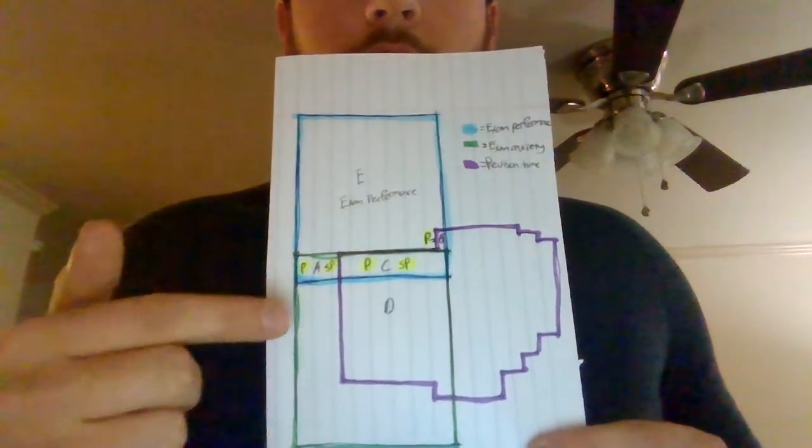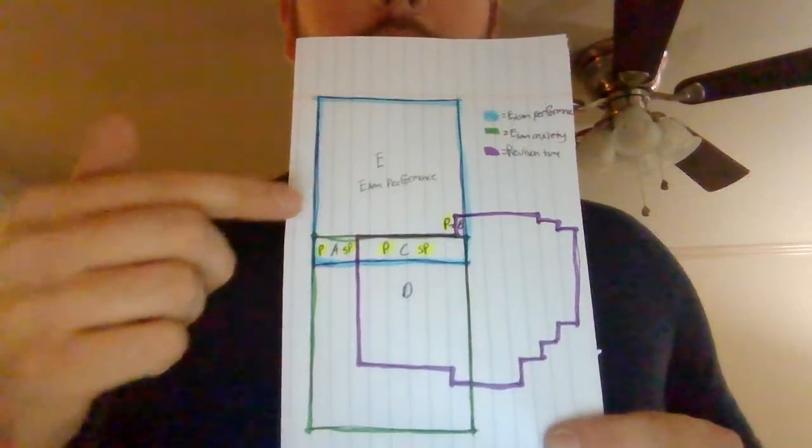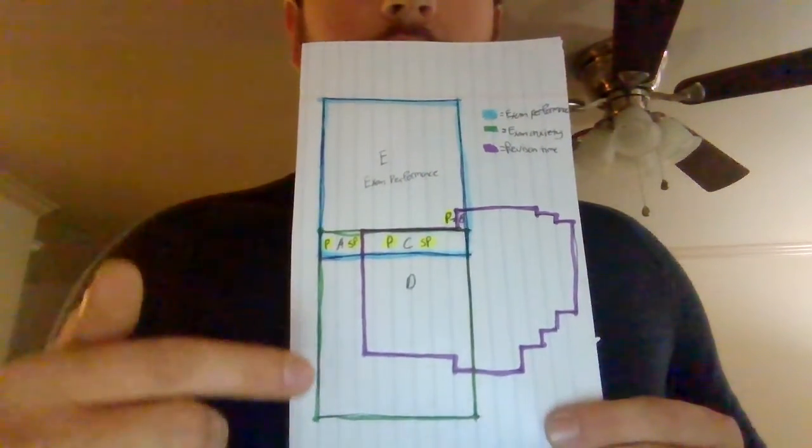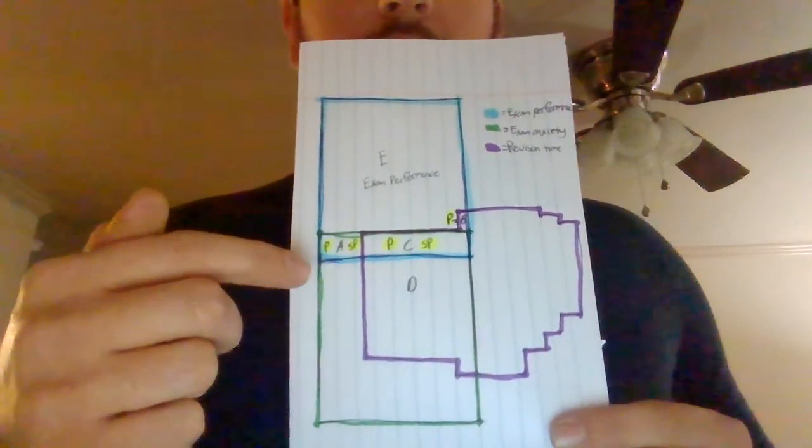Where they overlap, both partial and semi-partial would be comparing exam performance and exam anxiety. Where the third variable kicks in is where they differ.